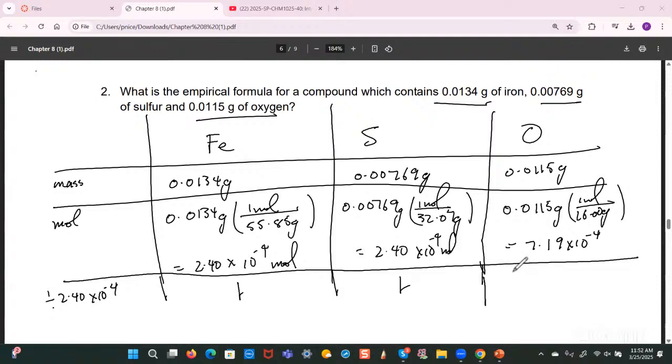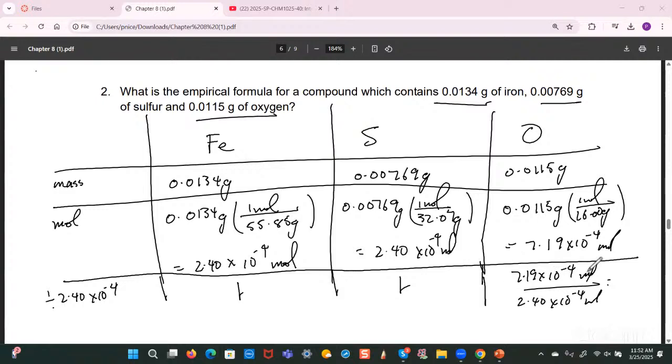And in the case of oxygen, let me do that calculation here. Moles divided by 2.40 times 10 to the minus 4 moles. Let's see what that gives. 7.19 times 10 to the minus 4 divided by 2.4 times 10 to the minus 4.